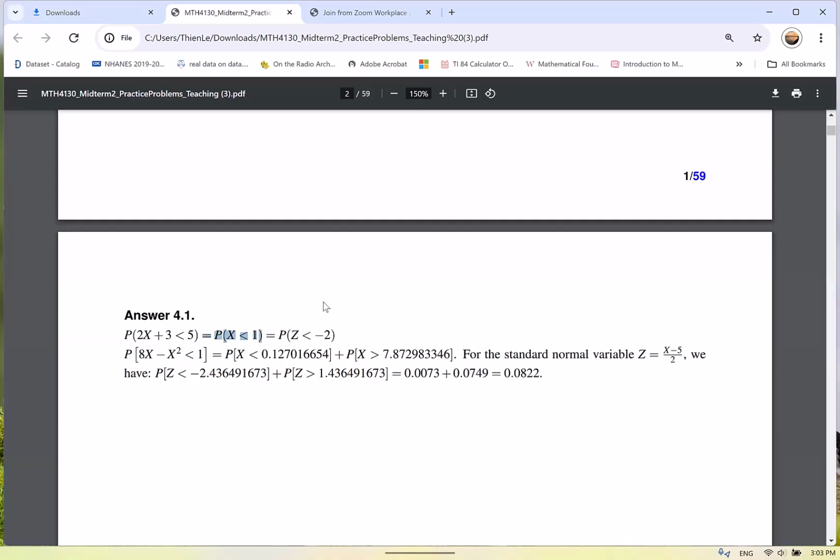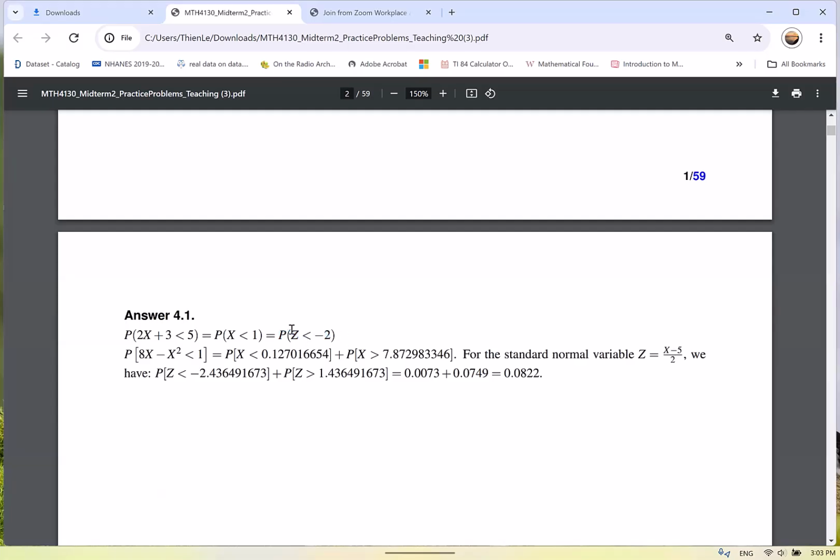So if you use a TI calculator, you can just do a normal CDF, from a small number to 1, with the mean and standard deviation. But another strategy for those who want the z-score perspective is to translate to the z-score, where you subtract the mean and divide by the standard deviation.